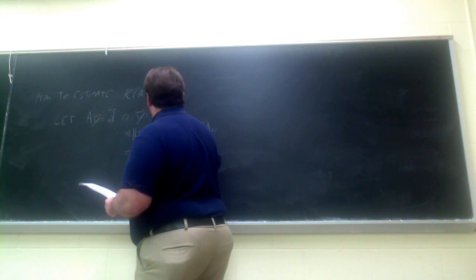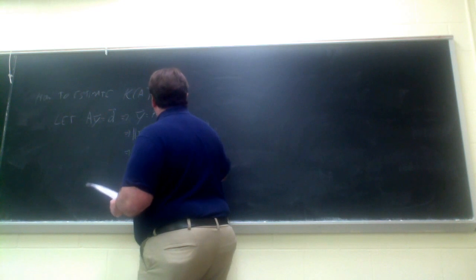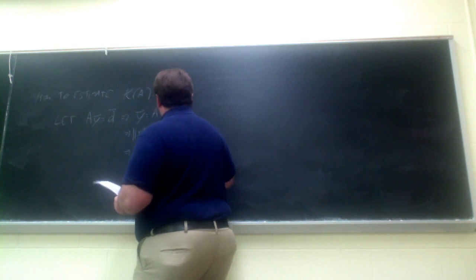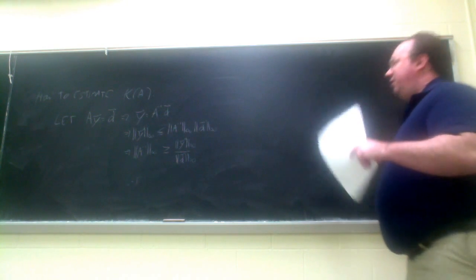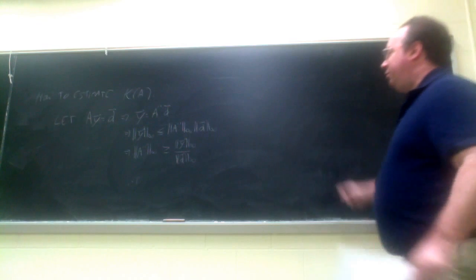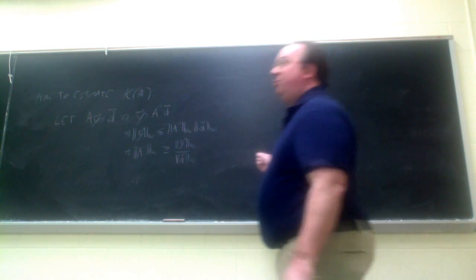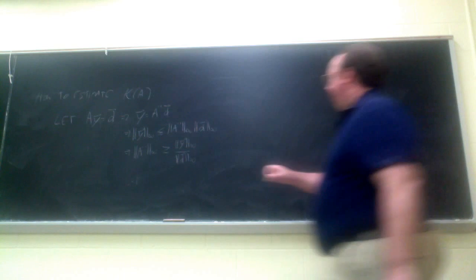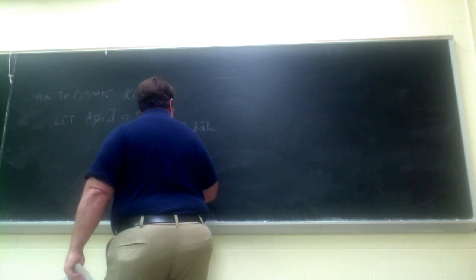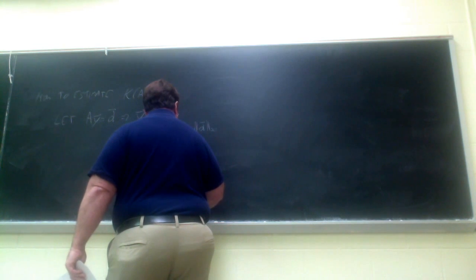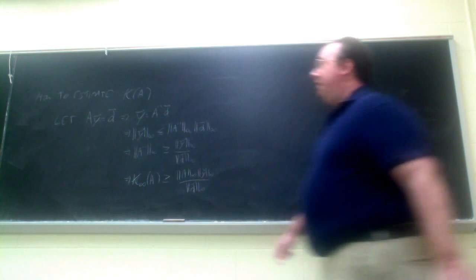So it's going to be norm of our solution divided by the norm of our right-hand side. And since it's easy to compute the norm of A, we can just multiply both sides by the norm of A and get a lower bound on the condition number. So I can say condition number of A in the infinity norm is at least norm of A, norm of y, over norm of d. All things that we can easily compute.